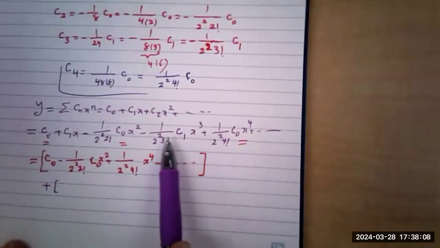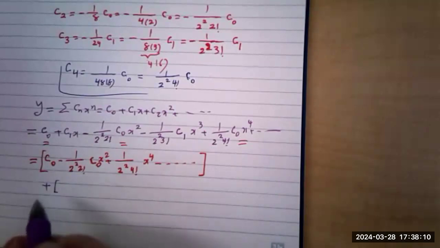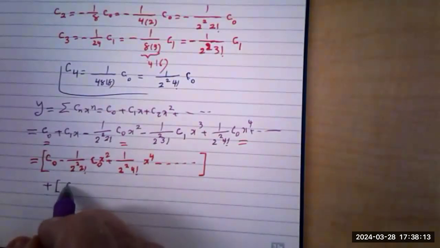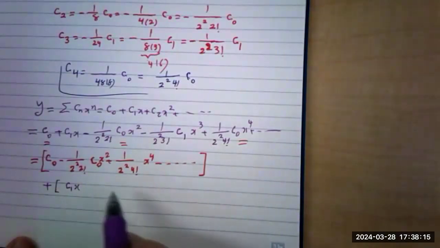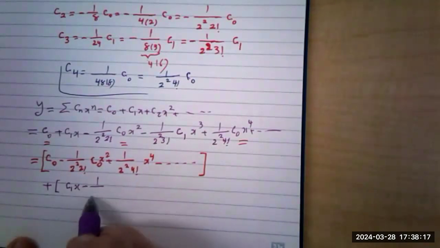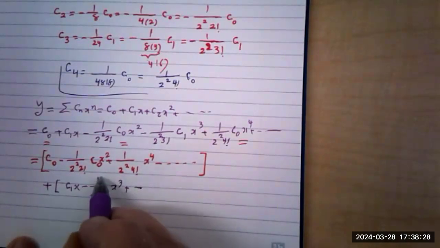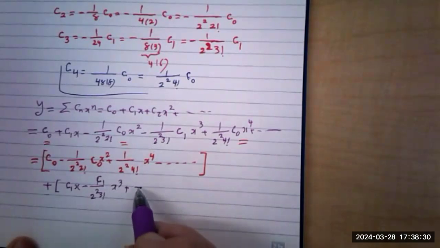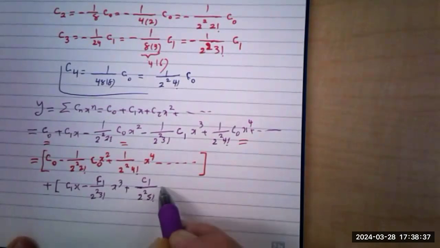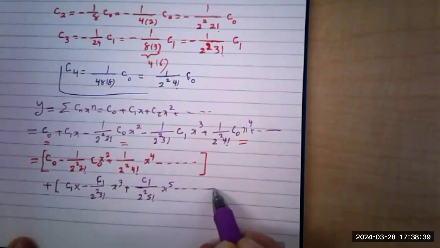For the odd powers, you start with the C1x. Then you have negative 1 over 2 squared, 3 factorial, x cubed. And you can even write the next one. Of course, it's C1 again, so the next one is going to be C1, 2 squared, 5 factorial, x to the 5th, and you continue.